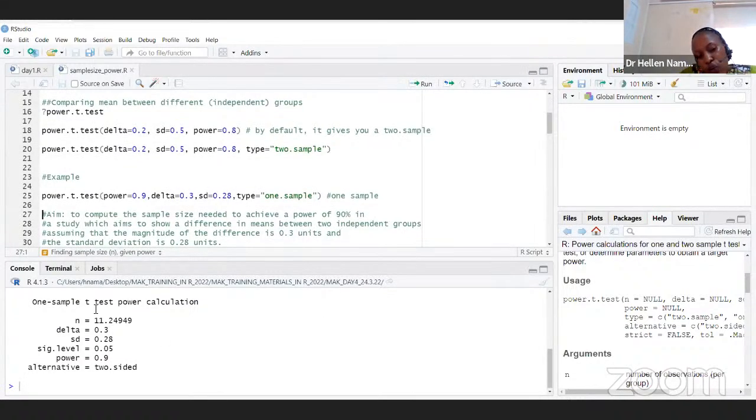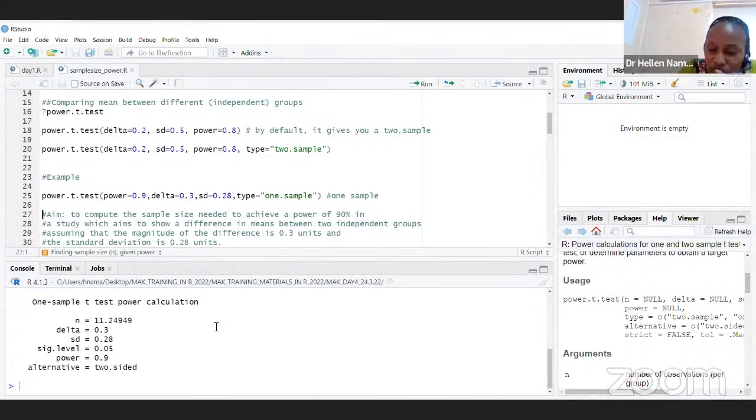So for the 1 sample t-test power calculation, it will tell you, if you're taking 90%, all right, with a significance level of 0.05. By default, R knows it is 0.05, but you can adjust. In case you don't include it in the command, it will take the inbuilt 0.05.